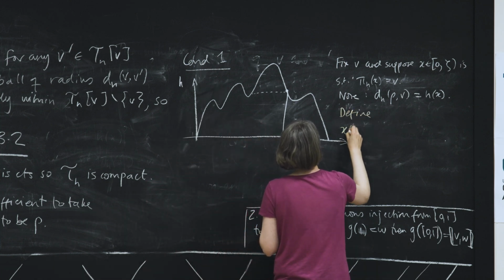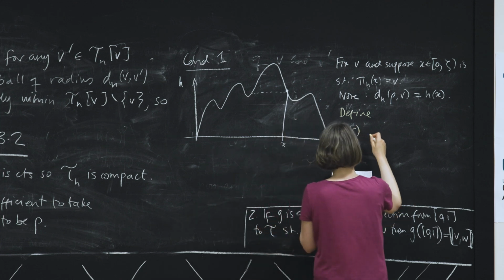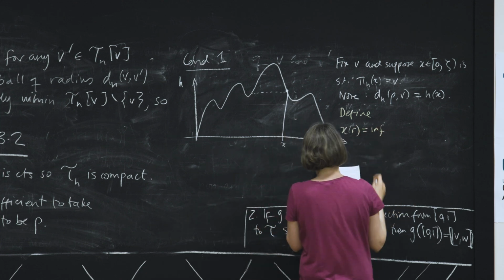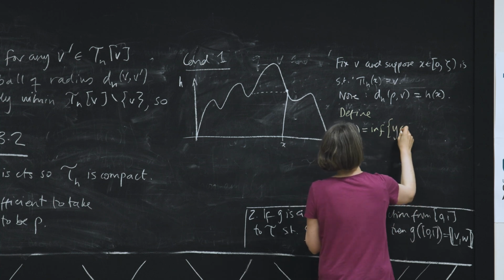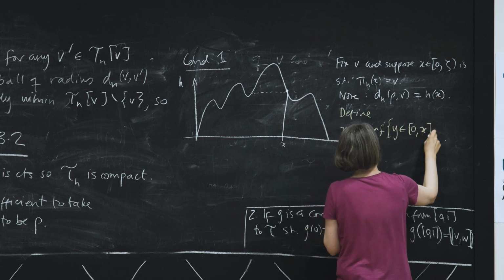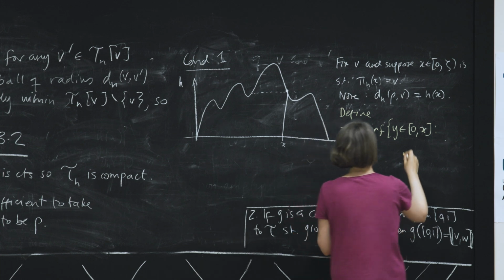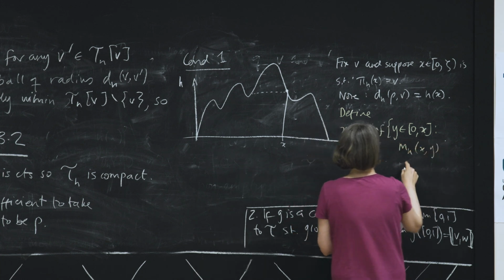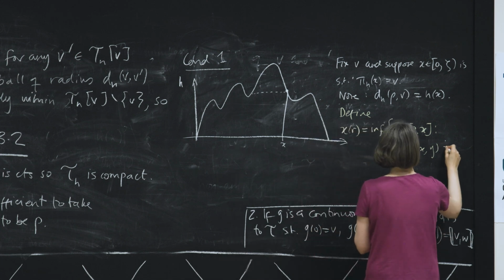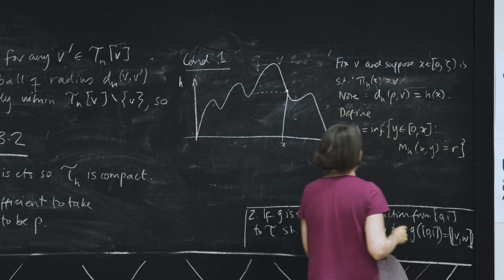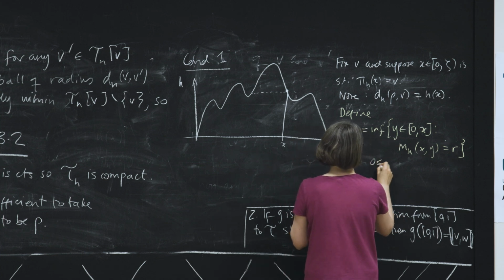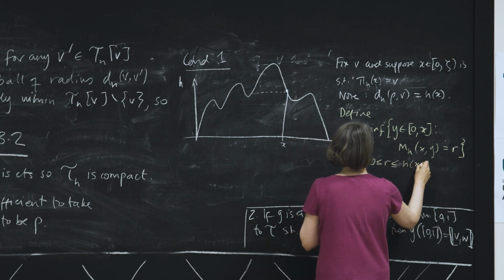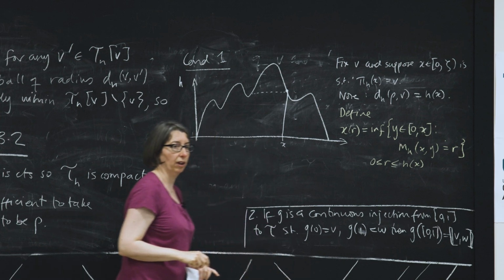So let's say x of r is going to be the smallest value of y in the interval 0 x such that the minimum of the function h between x and y is precisely equal to r. And this is going to be as r varies between 0 and h of x.